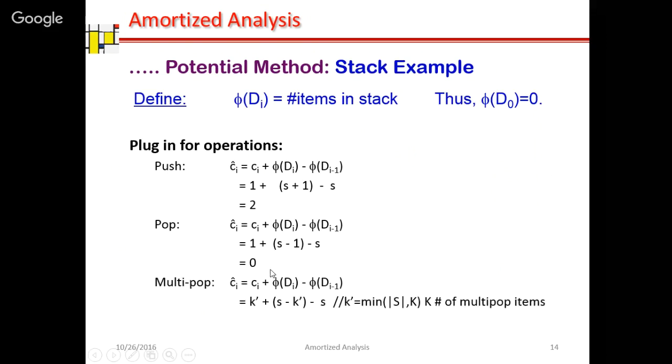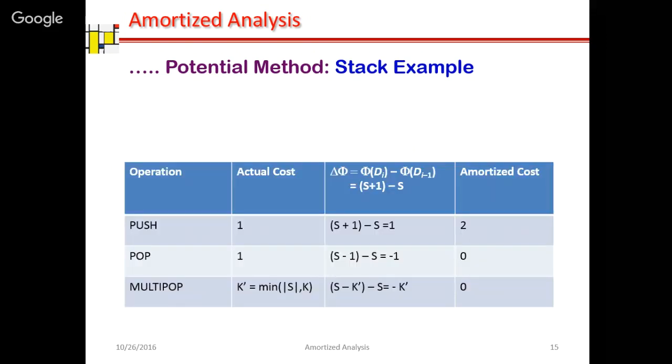Then when it comes to multi-pop, this is the number of items k that you need to multi-pop, plus the stack minus the multi-pop that is being executed, minus the S. Again, you will notice that the S and the S will cancel out, and it will be k minus k, which is 0. So again, for multi-pop, the amortized cost is 0. This is exactly the same thing as I explained previously in a nice table format.